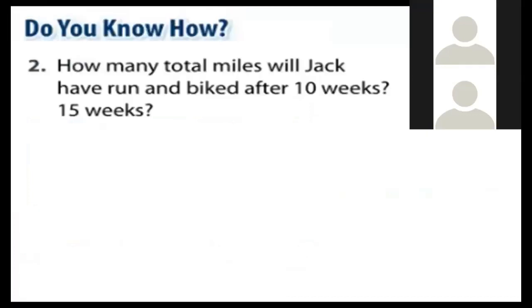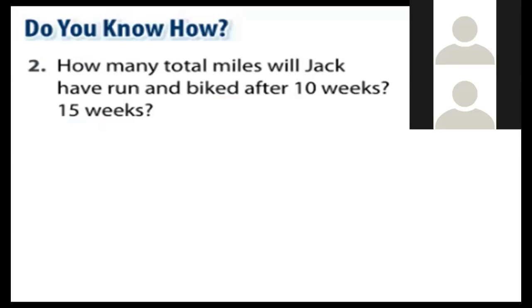Question number 2. How many total miles will Jack have run and biked after 10 weeks or 15 weeks? Okay. In this question, we have to do something. He asked me about the amount he will run or bike after 10 weeks.